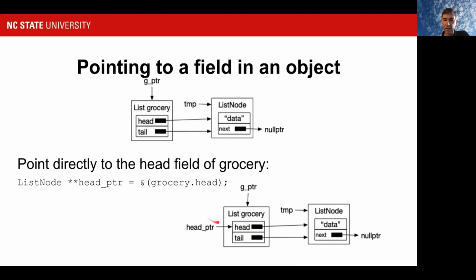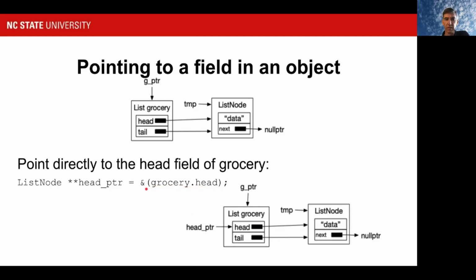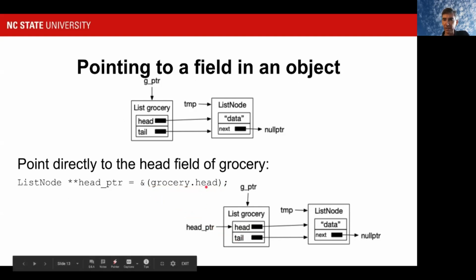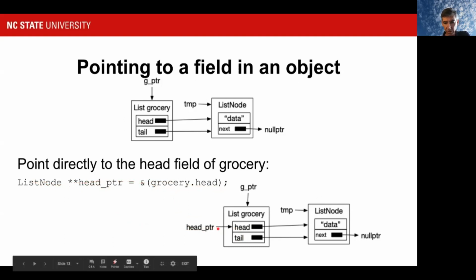Well, if I take the address of grocery.head, right, then grocery.head is a list node pointer. And so what that means is that this head pointer is a pointer to a list node pointer. And so I need an extra star here. Head pointer is a pointer to a list node pointer. And then this is actually pointing directly at this head field inside my grocery list.